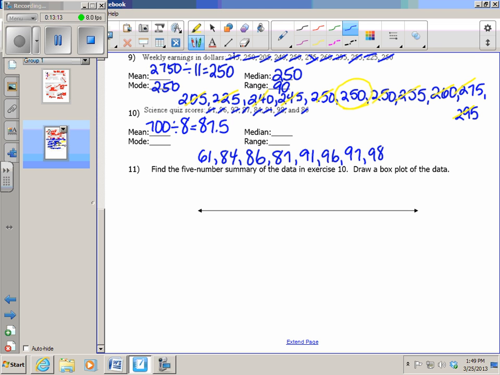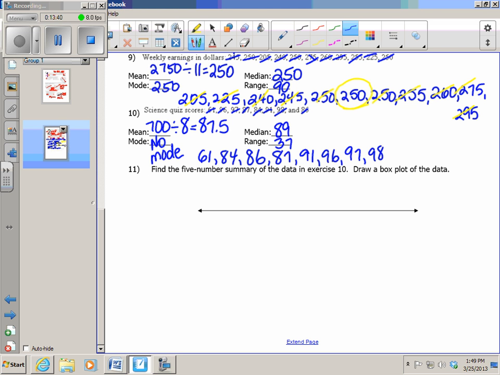The mode, well, there's not a number that occurs twice, so there is no mode. The median is working my way to the middle number, which puts me at 87 and 91. If I add them and divide by 2, I get a middle number of 89, and the range is from 98 to 61, which is 37.